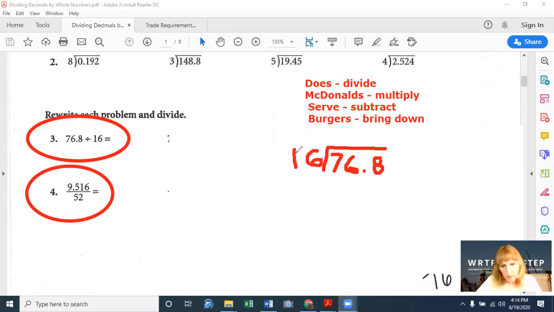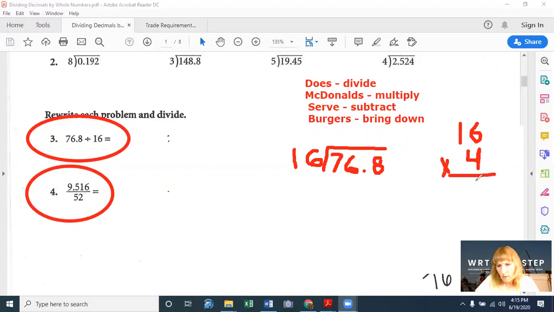So 16 will not go into 7, so we have to go bigger. 16 into 76. So how many 16s will go into 76? Well, it's kind of a matter of trial and error. So I'm going to go and multiply on the right here. So I know 16 is close to 20. So if I was to go to 20, I'd go 20, 40, 60, 80. Let's try 4, even though I think that's going to be over just slightly. But let's take a look and see.